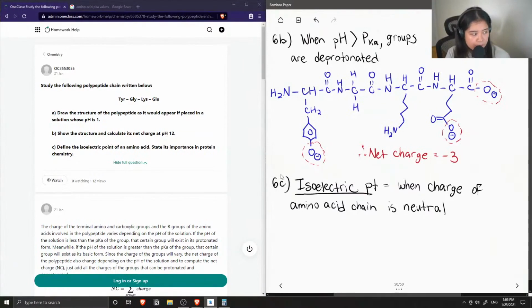So this is important in protein chemistry because it affects the reactivity and also the stability of a protein.